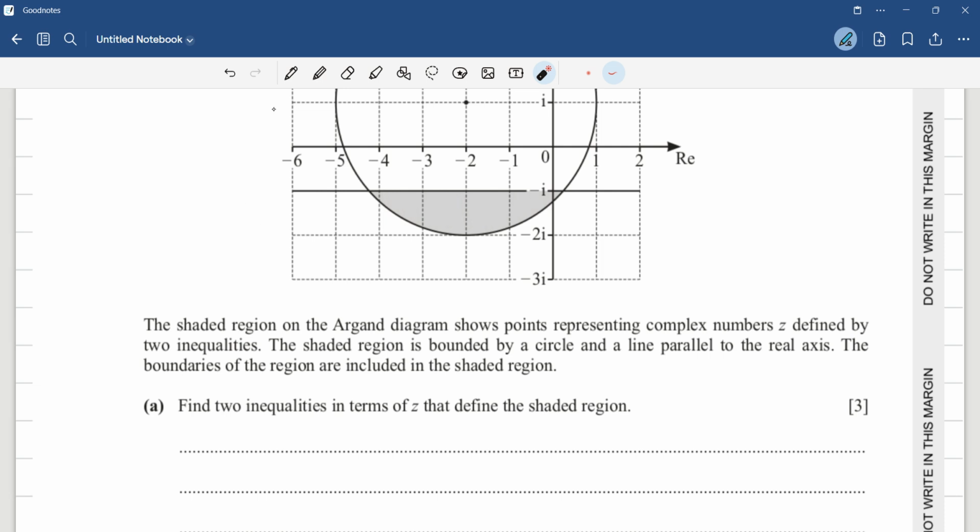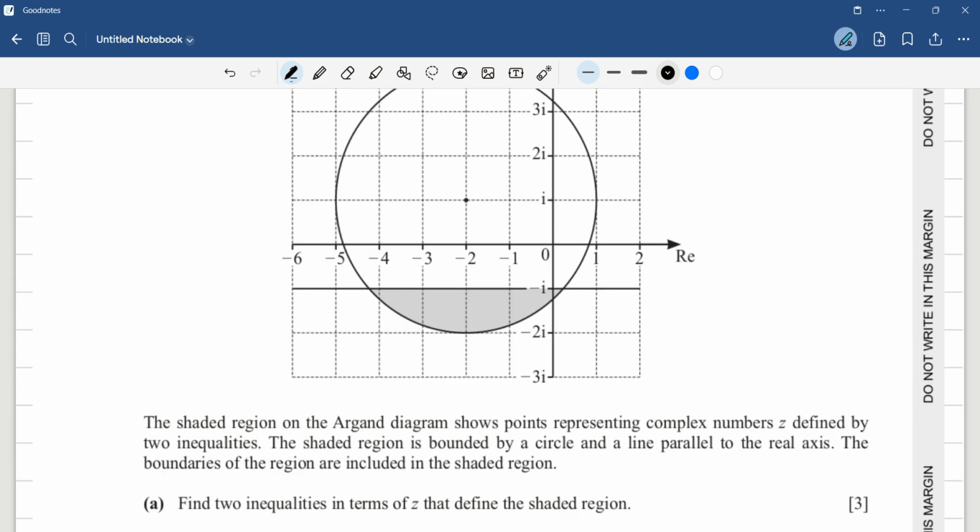First, it's very simple. We can see that there is one horizontal straight line here, which, in a coordinate system of x and y, has the equation y equals negative 1.